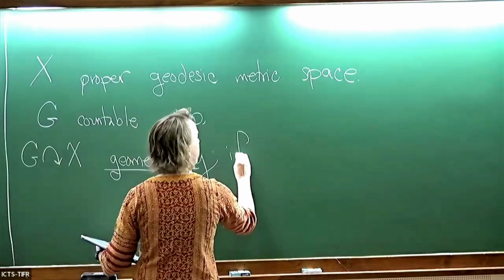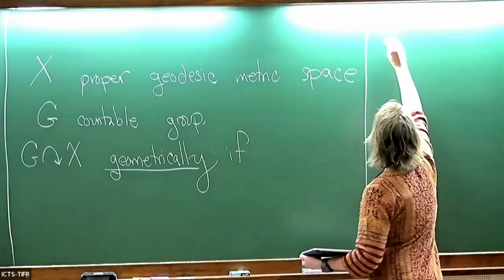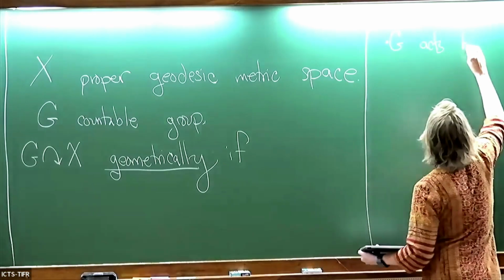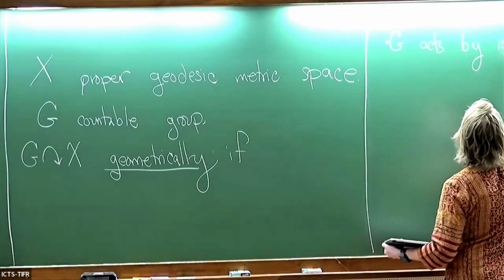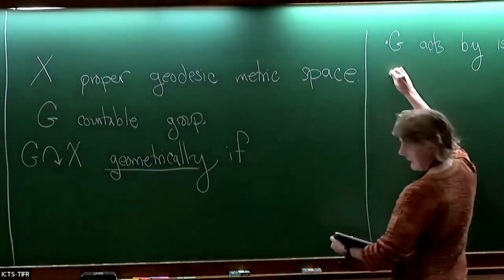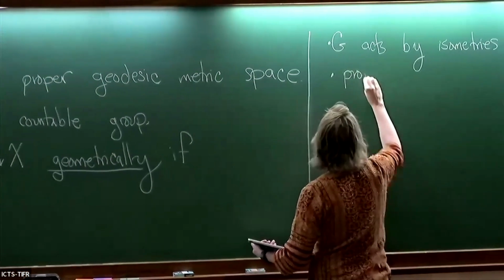This is the definition. So G acts by isometries. G acts properly discontinuously.